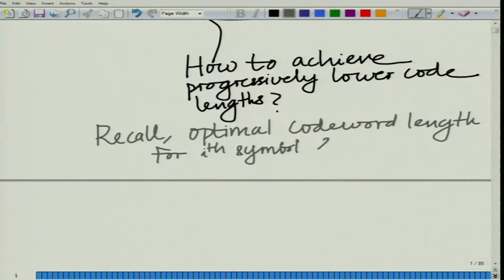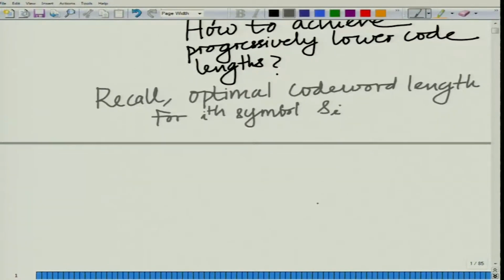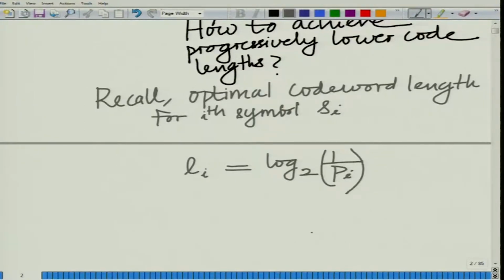Remember, we had derived this from the constraint optimization framework, that is Li equals log to the base 2 1 over pi. This is the optimal code word length.